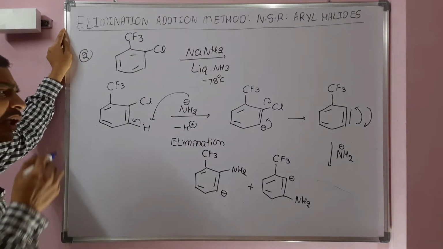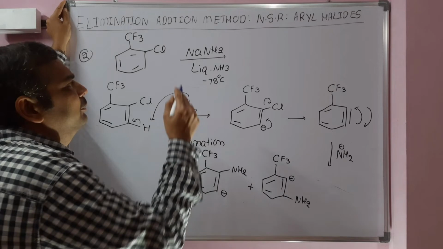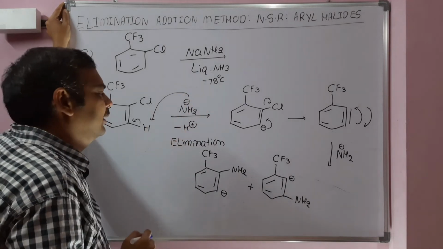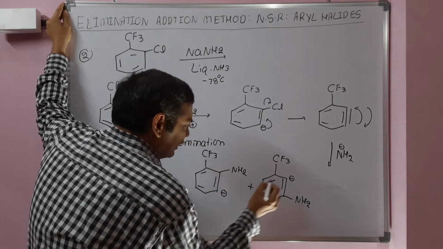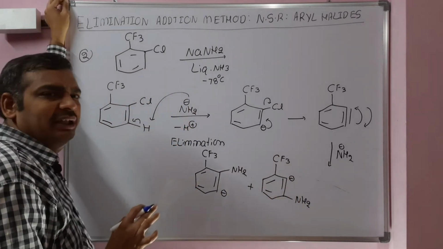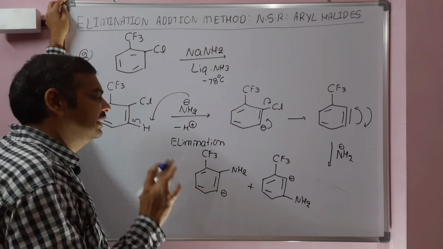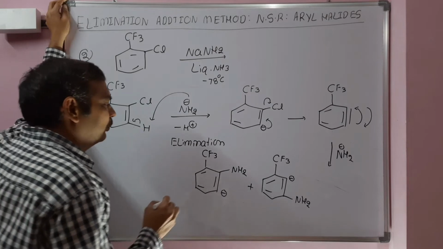Among these two carbanions, which is more stable? The one which is more stable gives the major compound. As I told, the carbanion in the elimination-addition mechanism has no involvement in the resonance, so it is not stabilized by resonance, it is stabilized only by the inductive effect of the group.